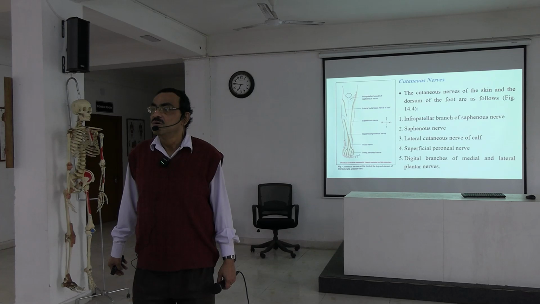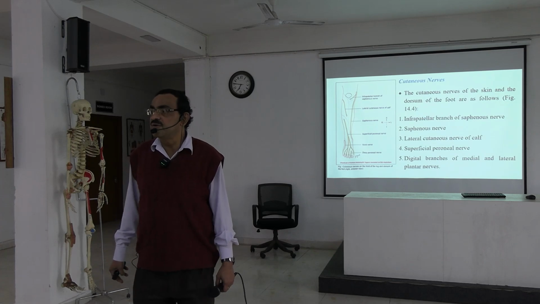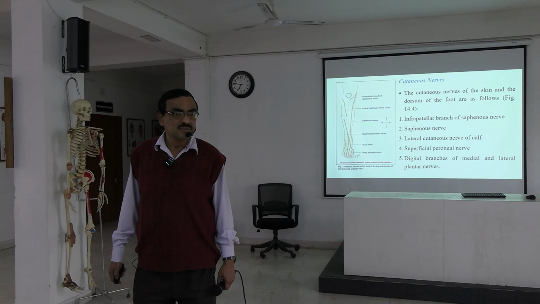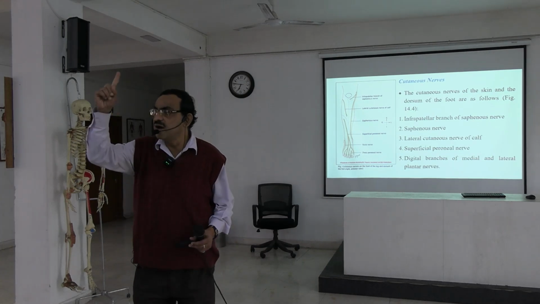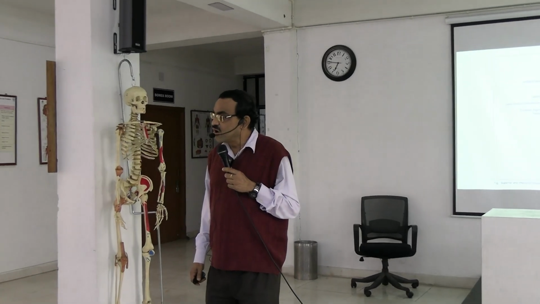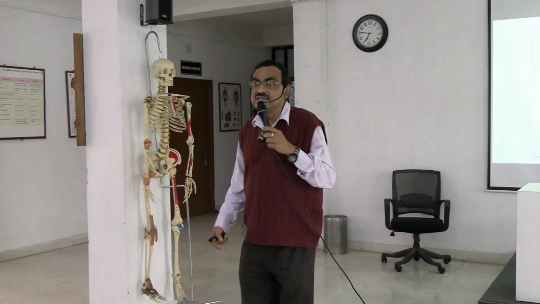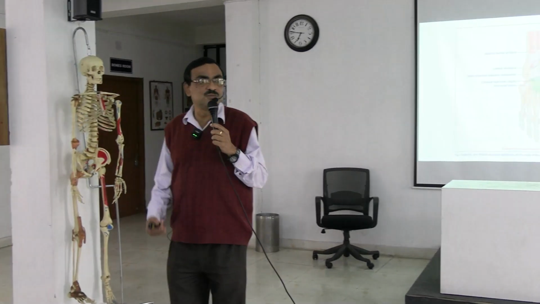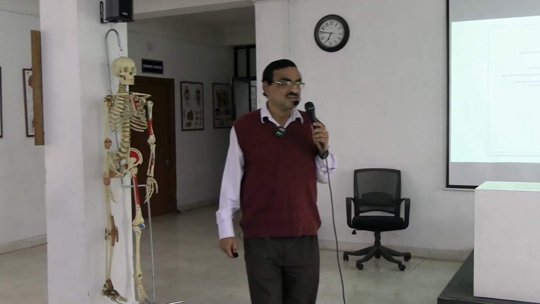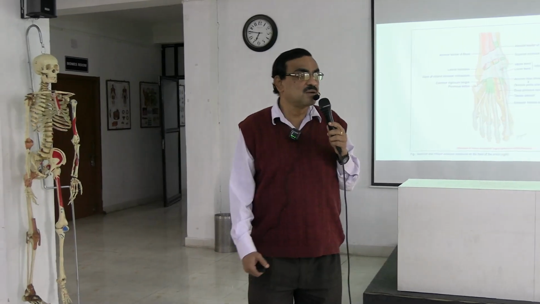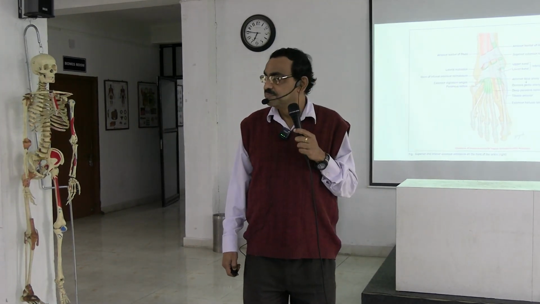Actually, the superficial peroneal nerve and deep peroneal nerve, they are coming from one nerve. So, gradually the digits will not get their blood supply. If the digits do not get the blood supply, what will happen?